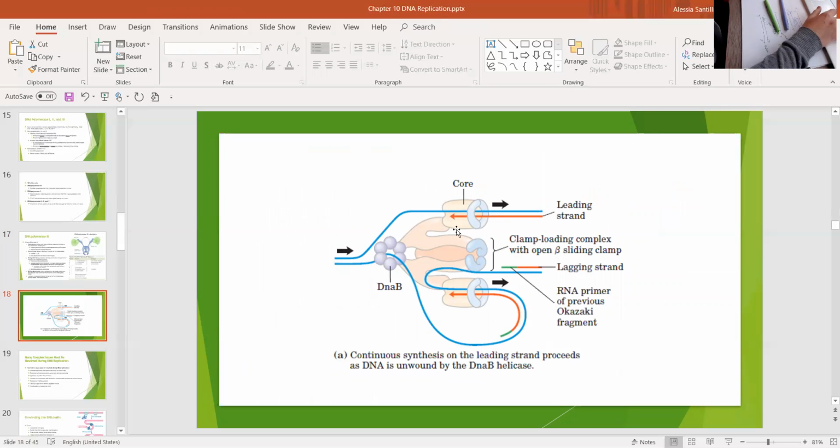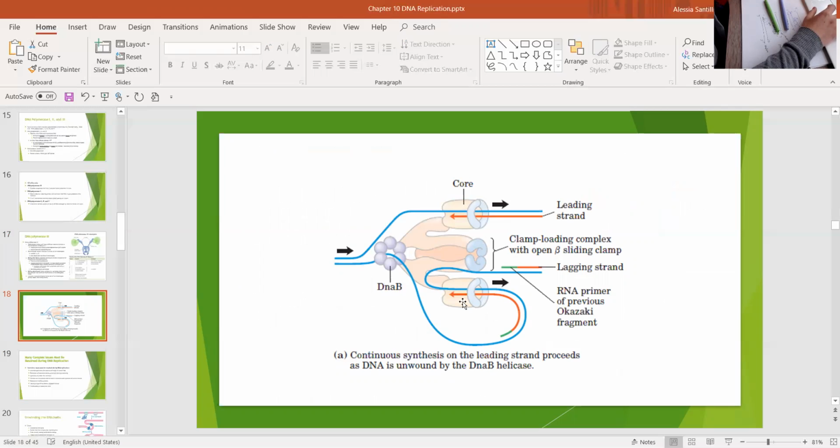So you can see here this weird pinkish structure with these weird donuts. That's the DNA polymerase 3. DnaB is actually another protein necessary for unwinding the DNA, which we'll get into in just a second. So this is the DNA polymerase 3. It's got your core enzymes that are actually doing the synthesis thanks to the alpha subunit.